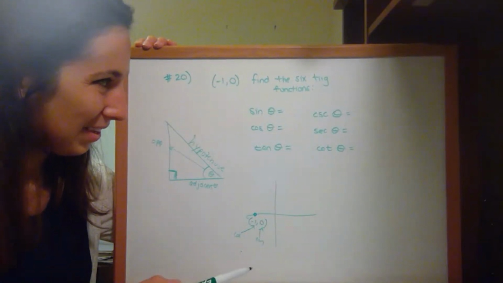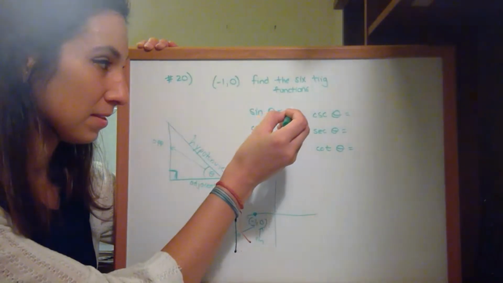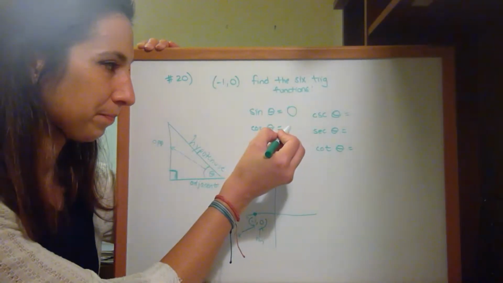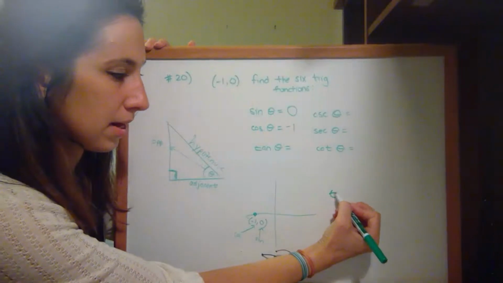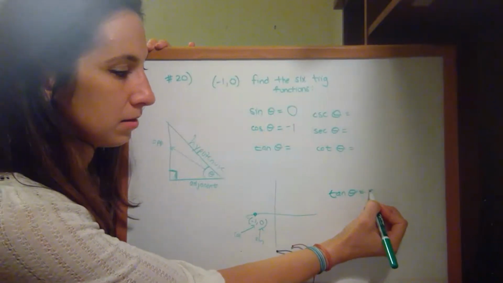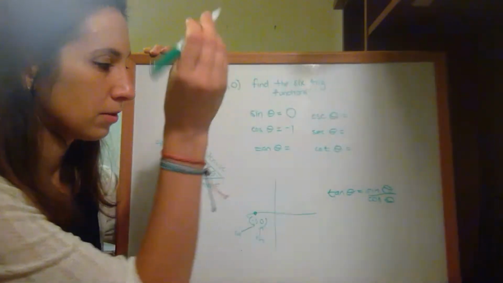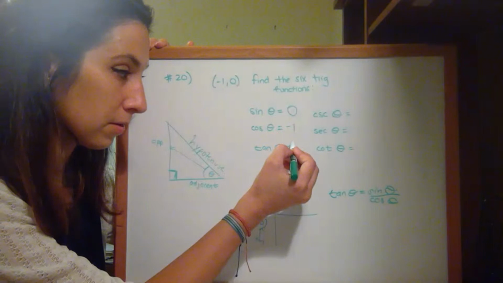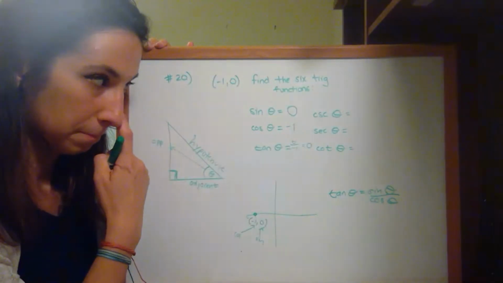Okay, so anyway, for this, the sine is the y value, so it'll be 0. Cosine is -1. Tangent is equal to sine over cosine. Just keep that in mind, you do have to know that. So if I'm doing 0 over -1, that's just going to be 0.